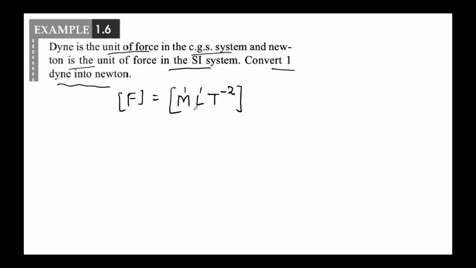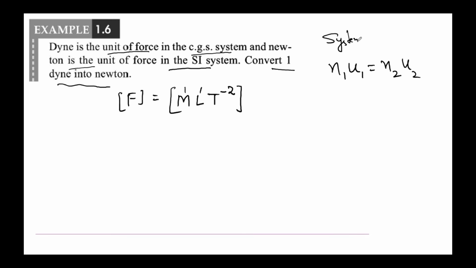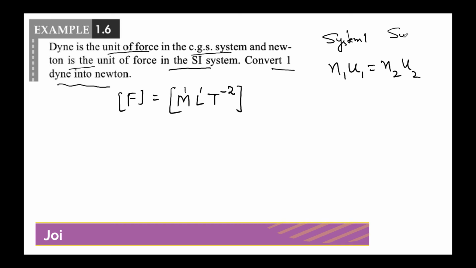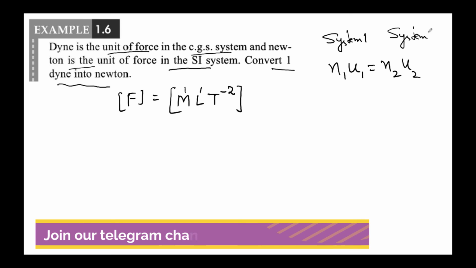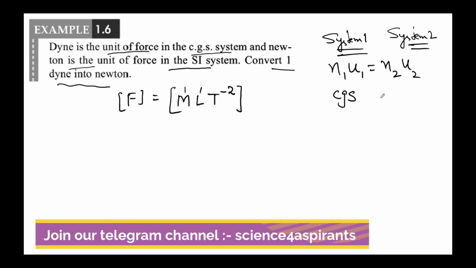So using the equation n1 u1 is equal to n2 u2. Here, if we are talking about the units in system 1, it should be equal to the dimension in system 2. So let us say system 1, the given system, is the CGS system, and this is our SI system.